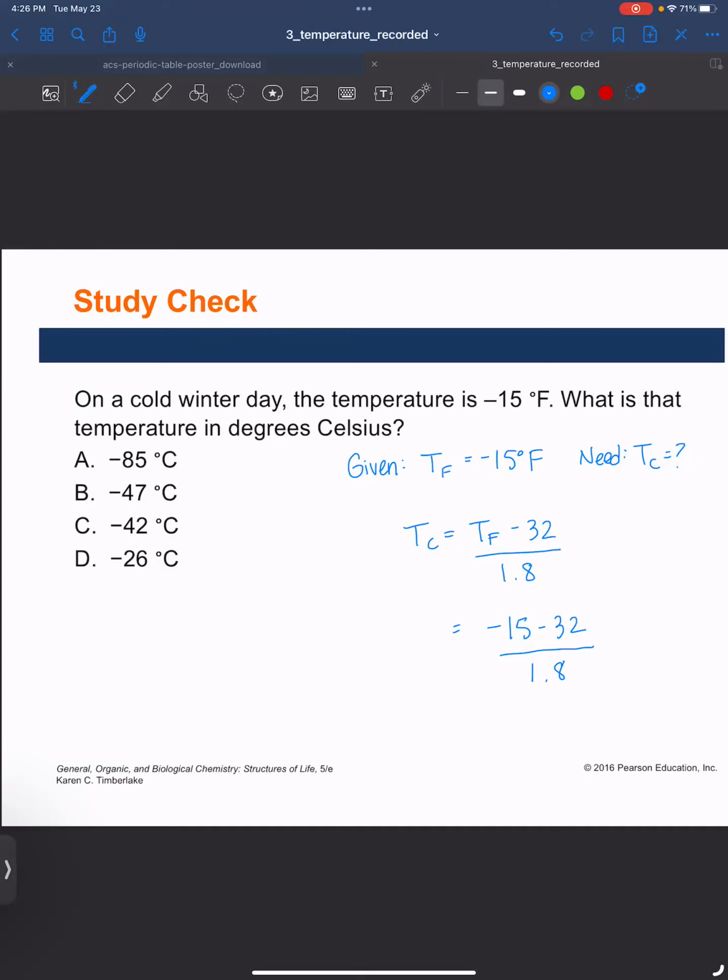So negative 15 minus 32. I'm working with a graphing calculator, so I always press enter after that. I got negative 47 there. And then I divide by 1.8, and I get negative 26.11.